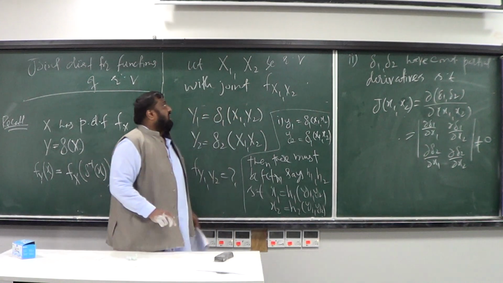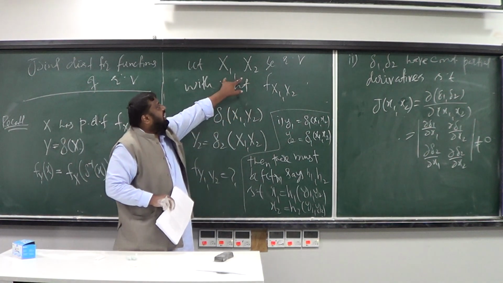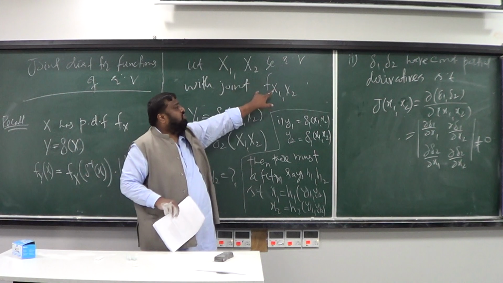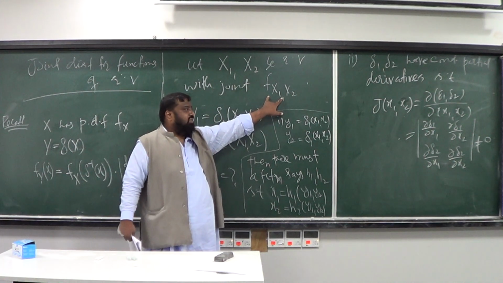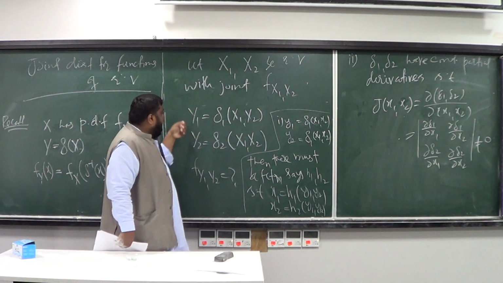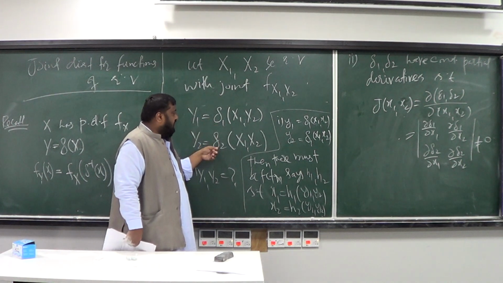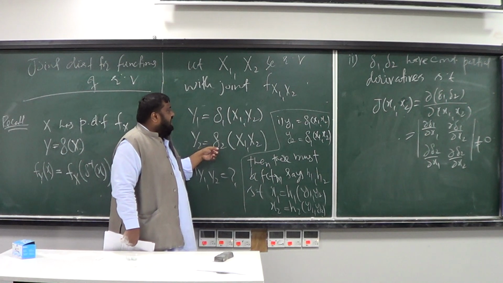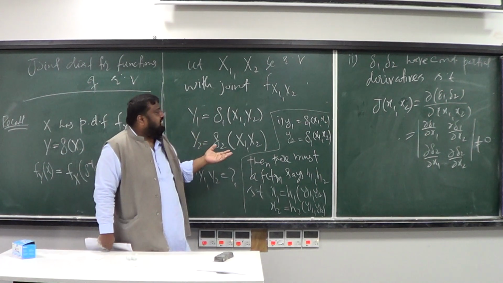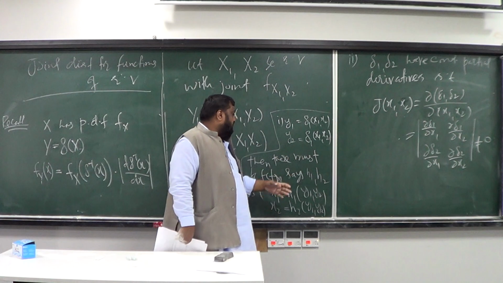So if you have been given two random variables x1, x2 whose PDF is f of x1, x2, and you have been given two functions y1 and y2, g1 and g2 satisfy these conditions: that g1 and g2 can be inverted.